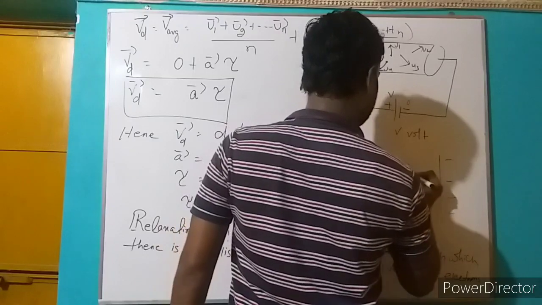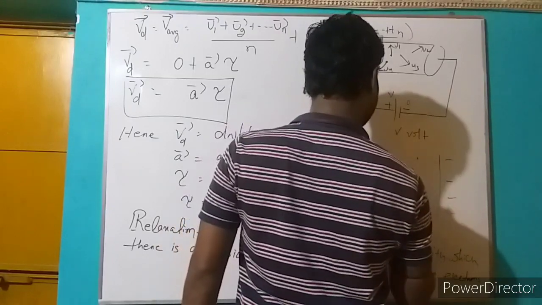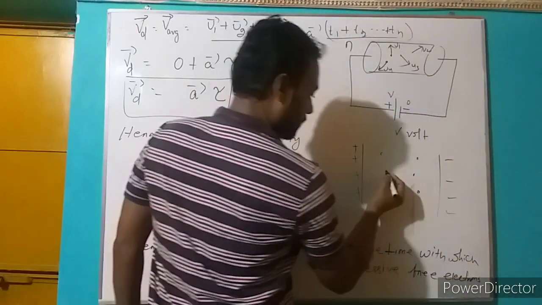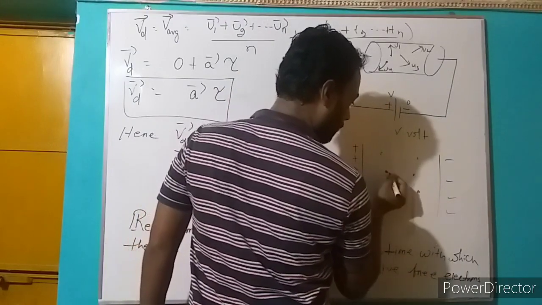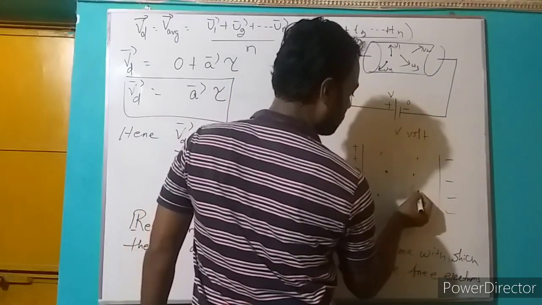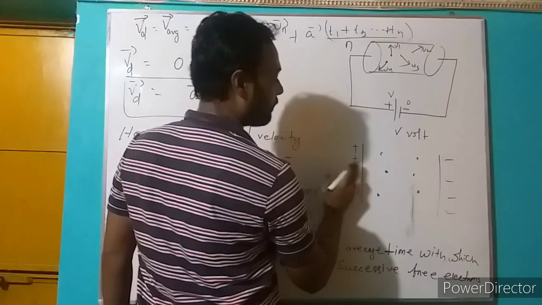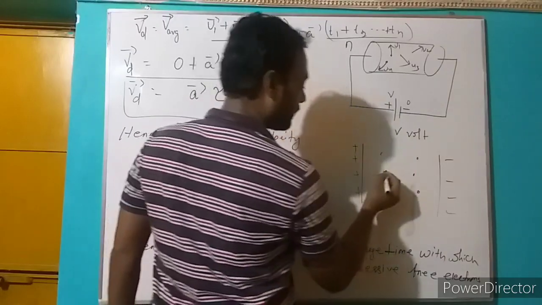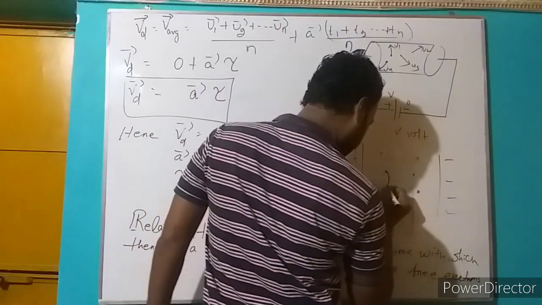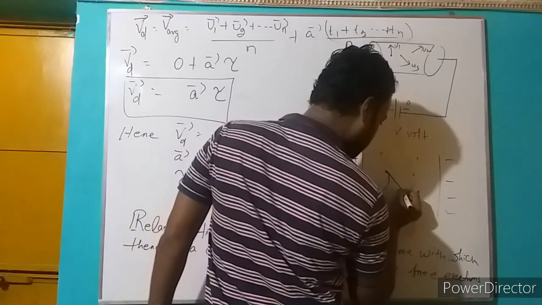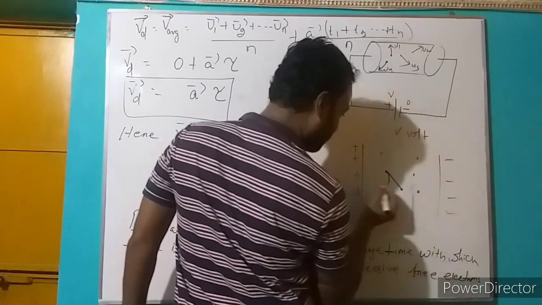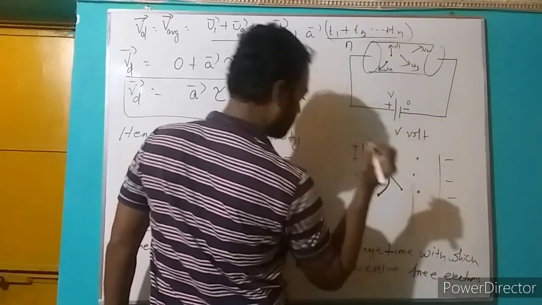So these are the free electrons. That electron collides with that electron before applying the battery. After applying the battery, that electron moves in the direction.